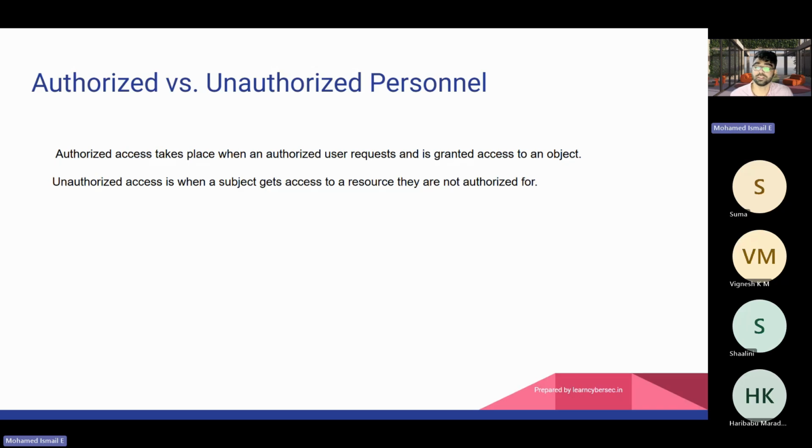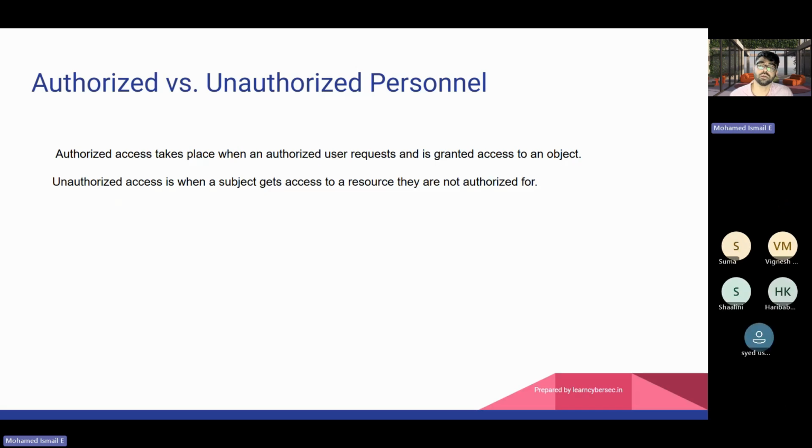Unauthorized access is when a subject gets access to a resource they are not authorized for. Say you found someone's credentials, or somehow your browser had someone else's account credentials loaded in. You access the bank directly and get into someone else's net banking. That is classified as unauthorized access because you are not the owner of that account. You don't have the privilege to see others' financial information or their internet banking.